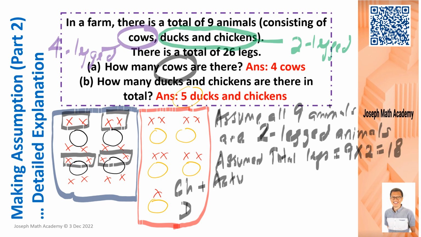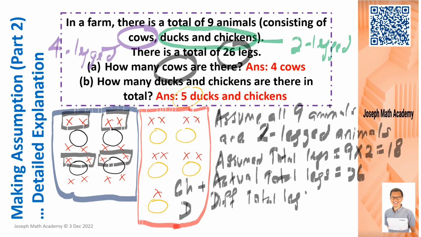Unfortunately, the actual total legs given in the question is 26. So the difference in the total legs would be 26 minus 18. That gives us the value 8.